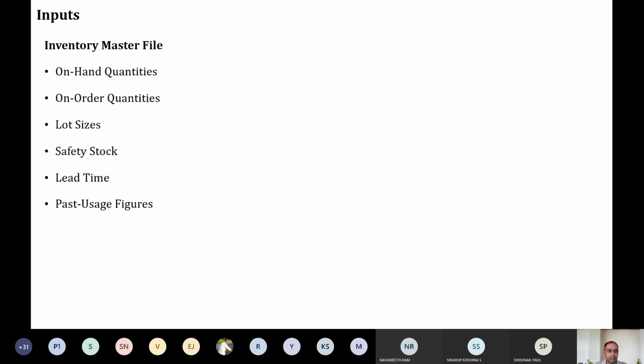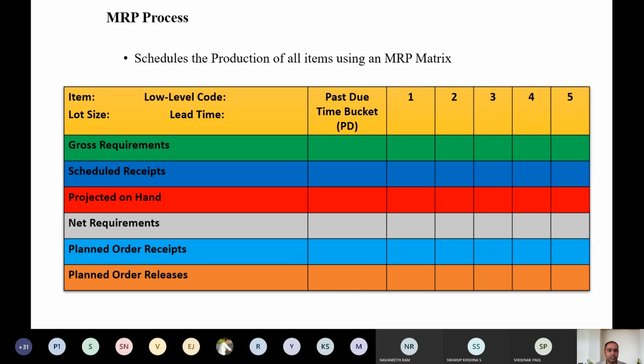Six days. Yeah, six days is the lead time. Then we have to compare our past usage figures, how many components I was using in the previous time, just to benchmark my need. So these are the things.